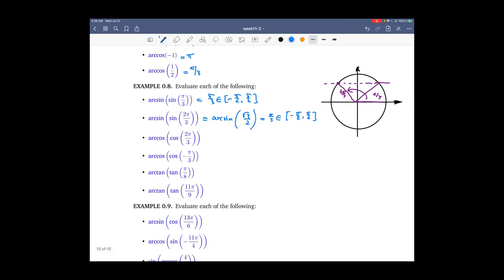Again, it's very important that you realize why the answer 2 pi over 3 is wrong. Arcsine of 2 pi over 3 is not 2 pi over 3. That answer is wrong.